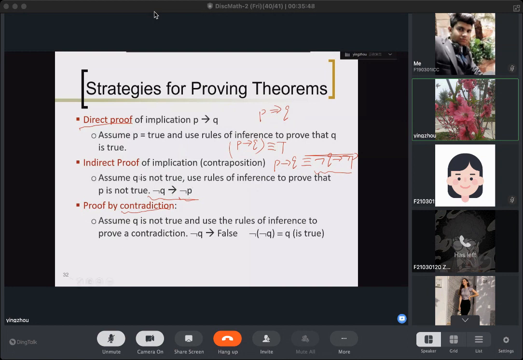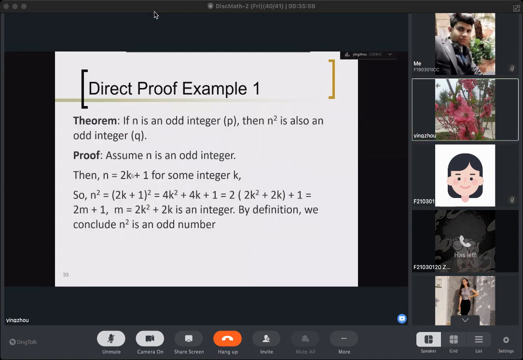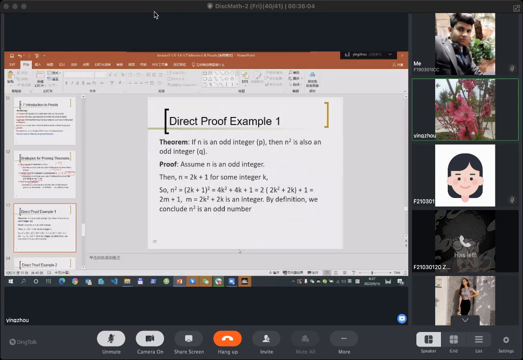Then we can say the assumption fails. Here are some different methods, and we can show you some videos.